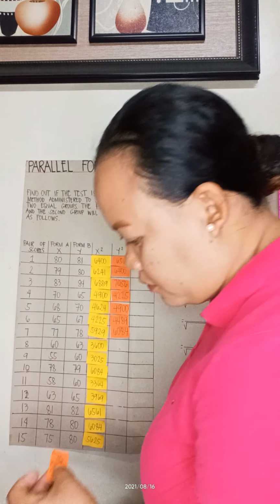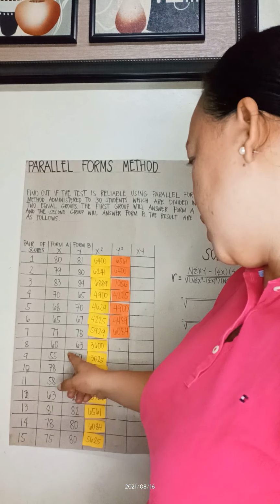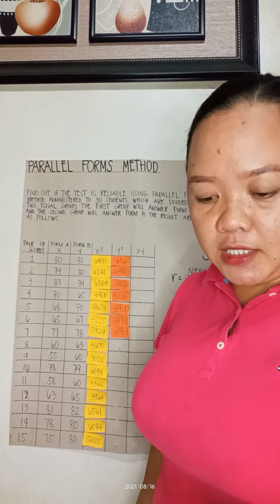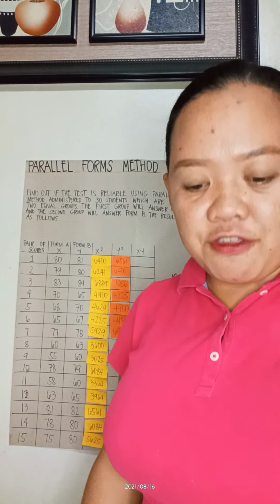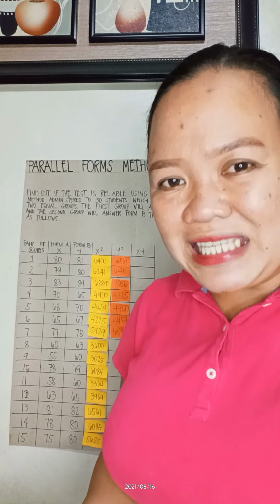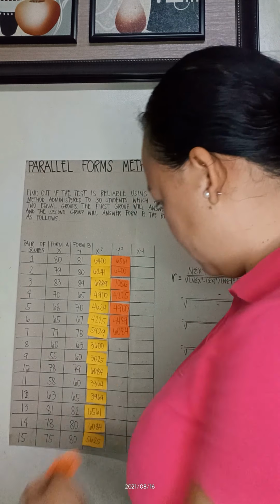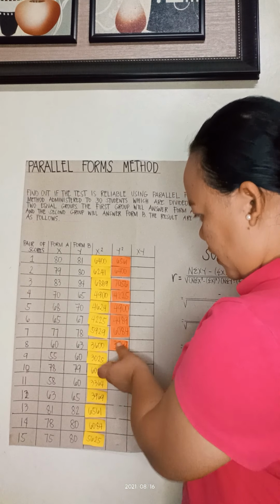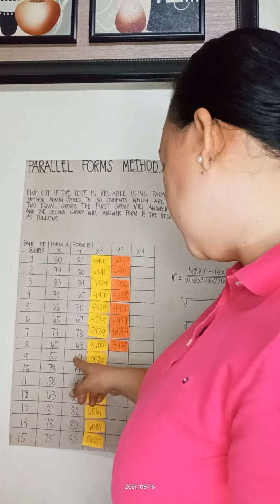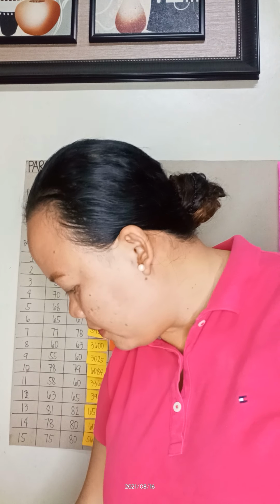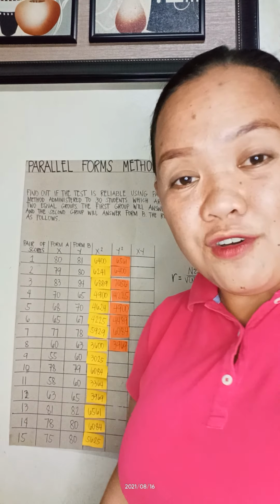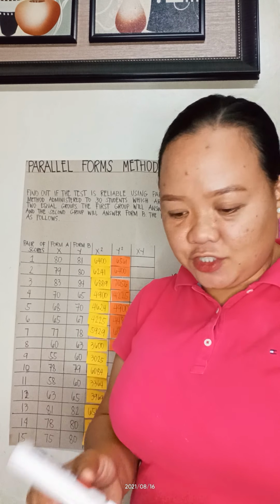Next, 63 times 63 is equal to 3,969. 60 times 60 is equal to 3,600.